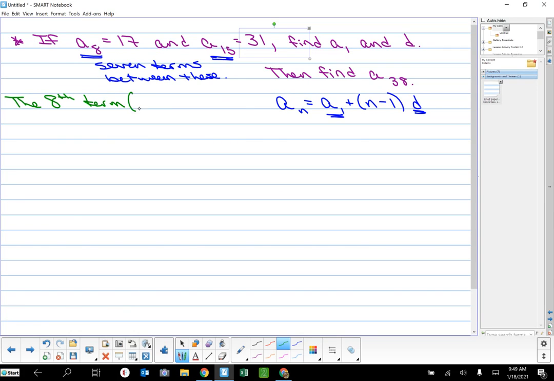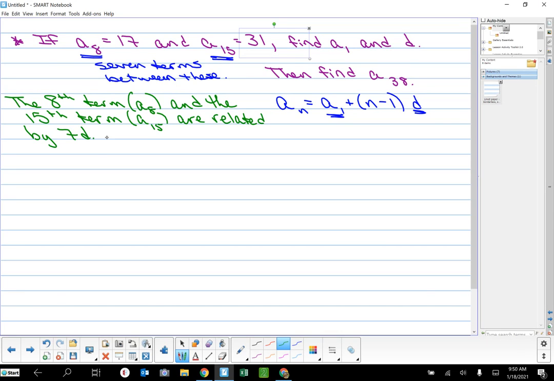The 8th term, a sub 8, and the 15th term, a sub 15, are related by 7d. 7 differences. You would add d 7 times to get from 8 to 15.